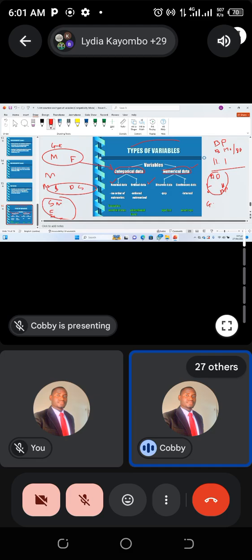Categorical variables are normally qualitative variables, and numeric variables are normally quantitative variables. So these are the types of variables we are going to be using in research. Any question?